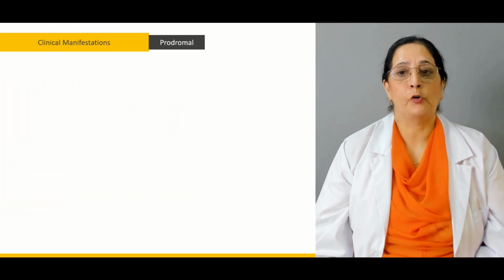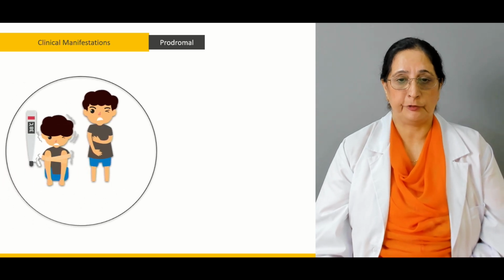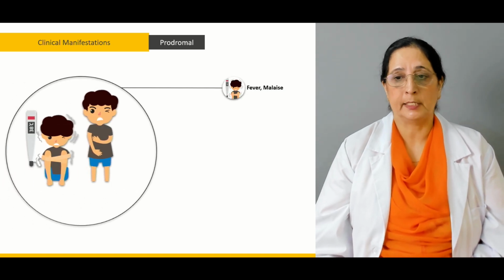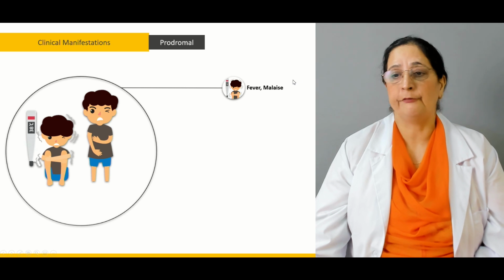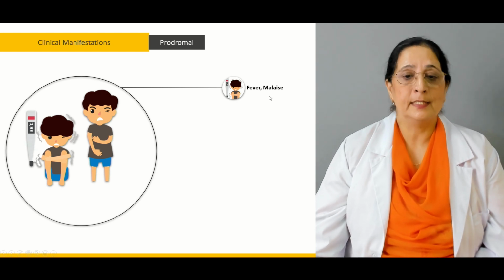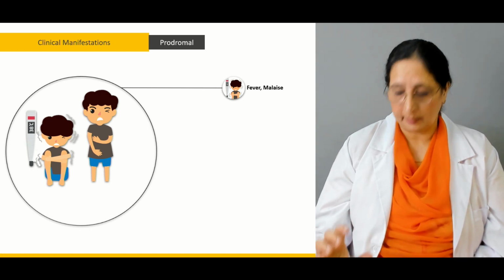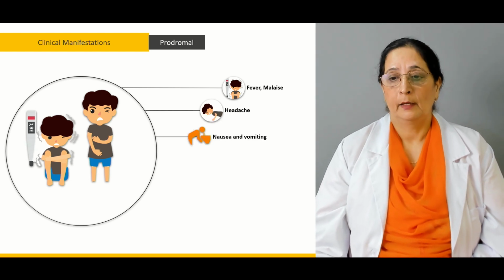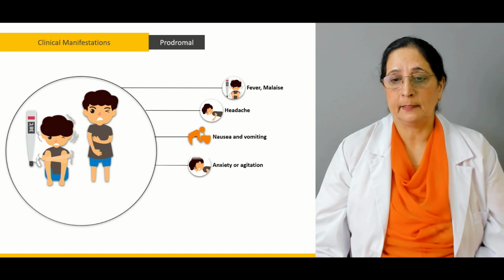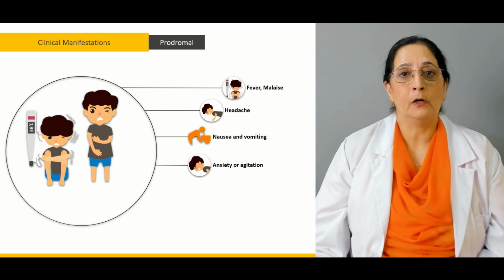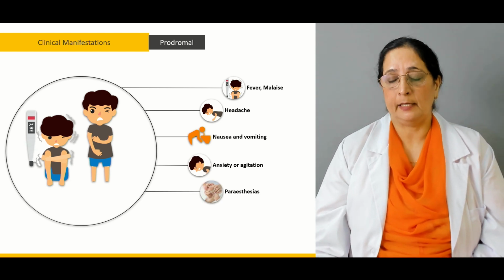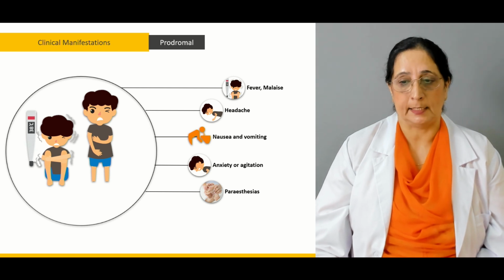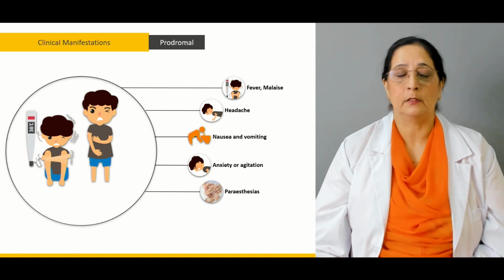First, the prodromal phase or stage. In the prodromal stage, the patient has fever and malaise, headaches, nausea, vomiting, anxiety or agitation, and then paresthesias. Paresthesias are also present.